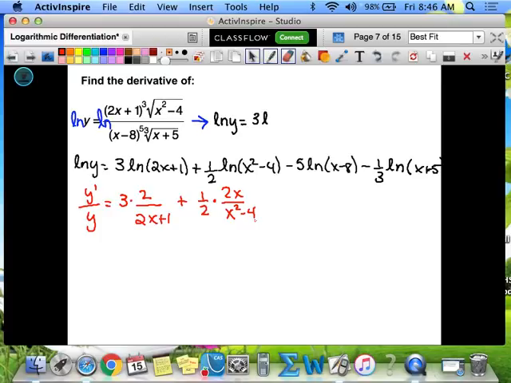Travel to the next piece. 5 tags along. U prime over u. Minus. Travel to the next piece. 1/3 tags along. U prime over u.